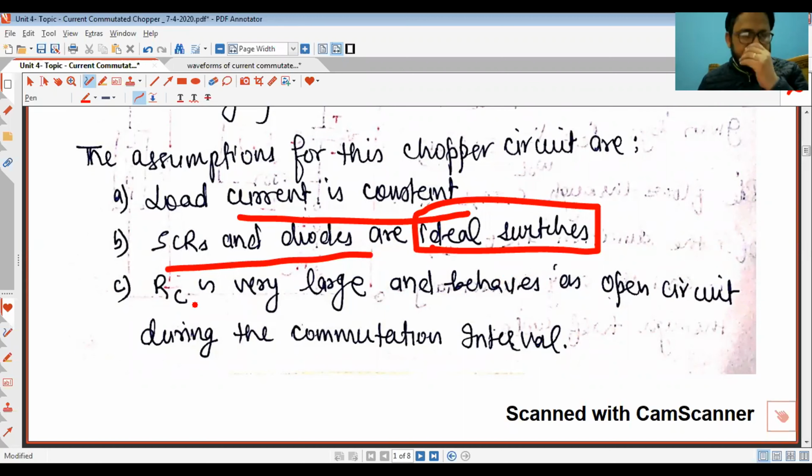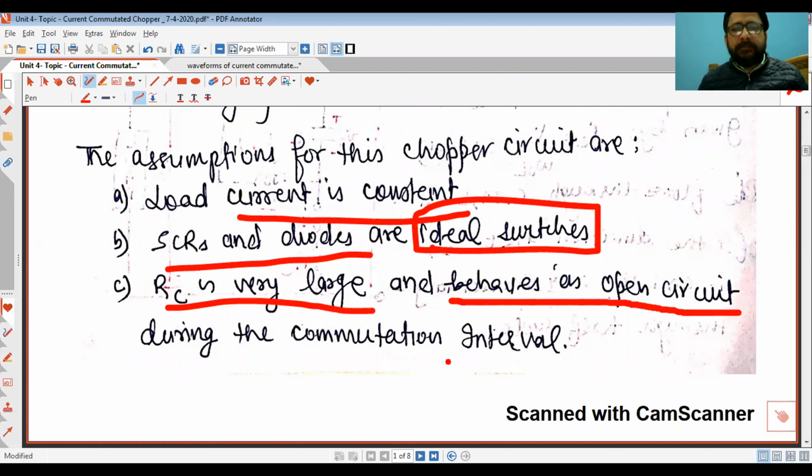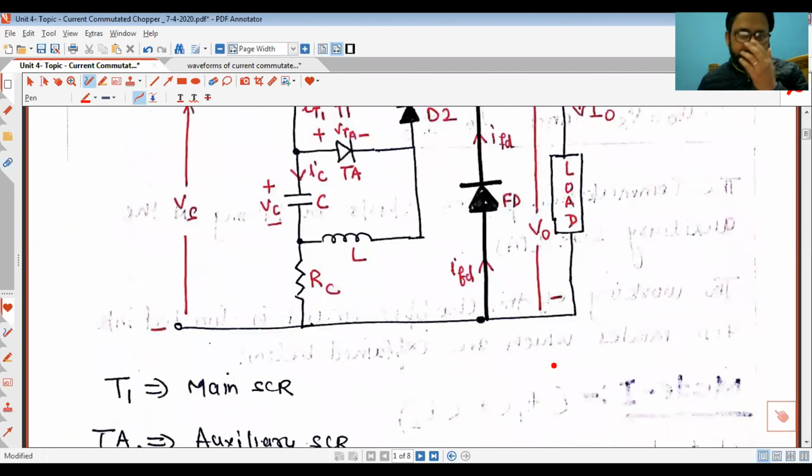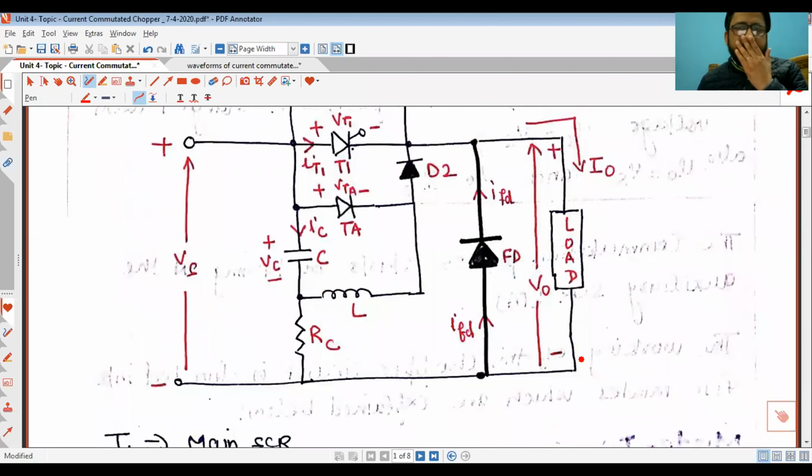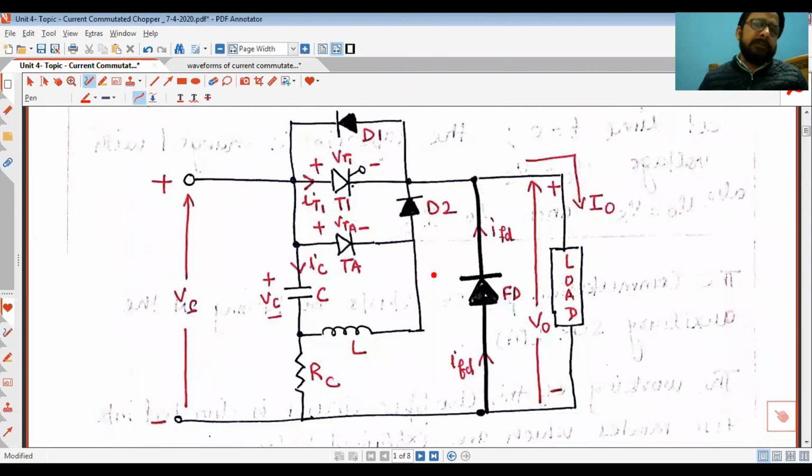The value of RC is very large, so that it behaves as an open circuit when the commutation interval is going on. It means that when the commutation process is going on, this resistance should not give any path to the current. It should behave as an open circuit; it is that large basically.